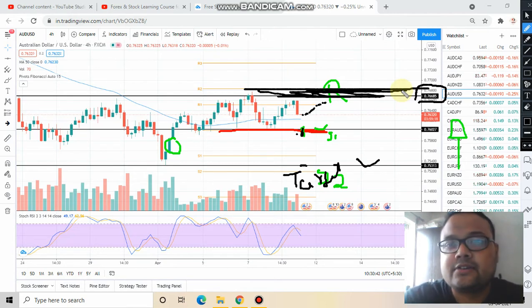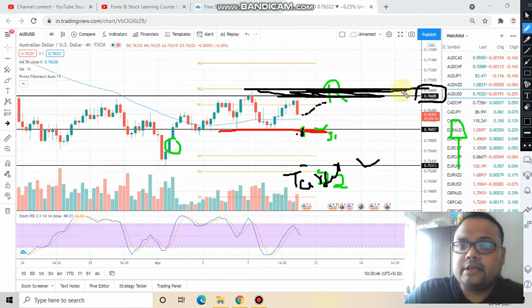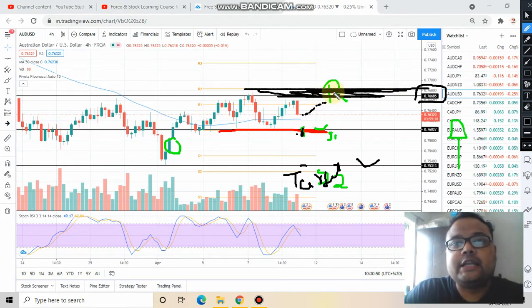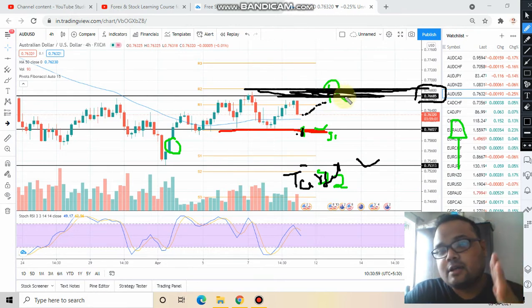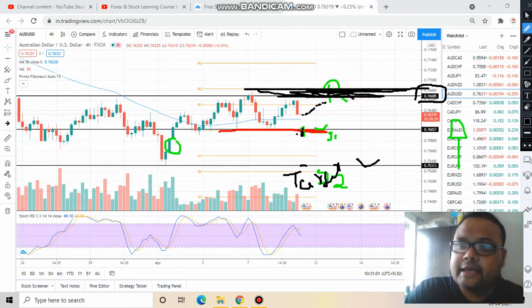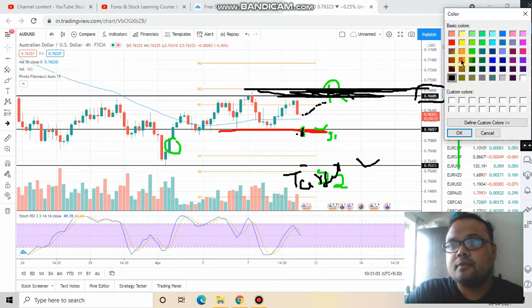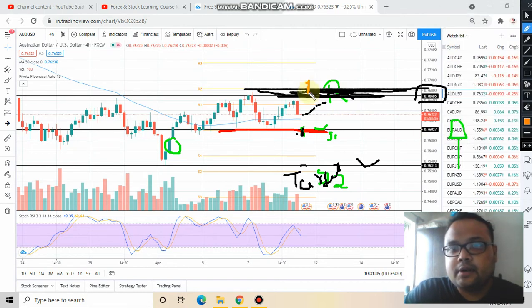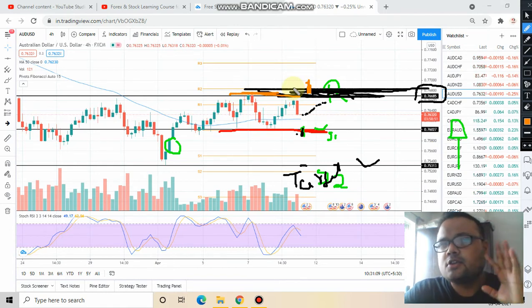If you see that price struggles in this range, then you'll get the confirmation that this level is still a valid resistance for the market. Once you get that confirmation, you can short the market below this level. In case it crosses this particular level, then wait for 3 to 4 hours and just observe the price.